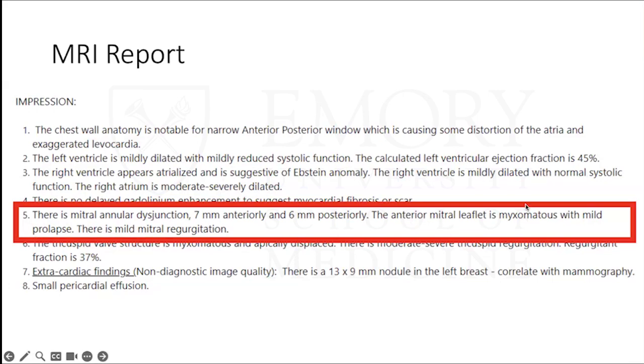The anterior mitral leaflet is myxomatous with mild prolapse. There's mild mitral regurgitation. So right off the bat, this was quite a shock to our EP team as well as to our general cardiology team, given that she had no history of structural heart disease, just a history of these different atrial arrhythmias.